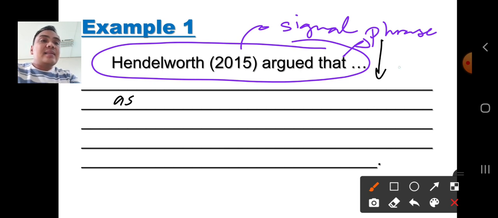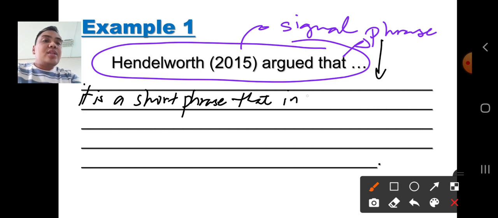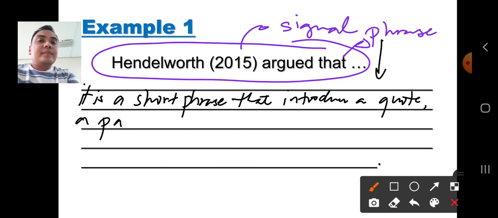It is a short phrase that introduces a quote, a paraphrase, or a summary.